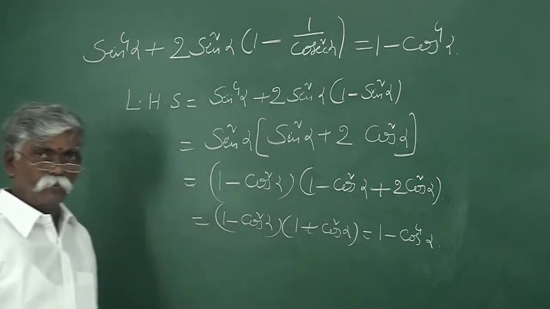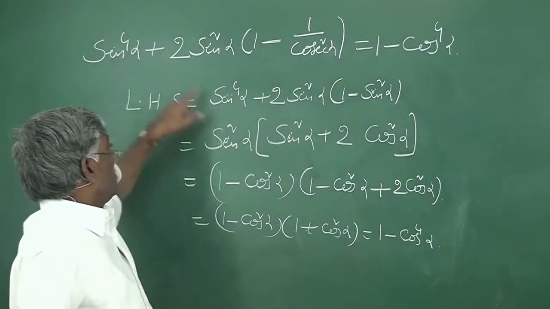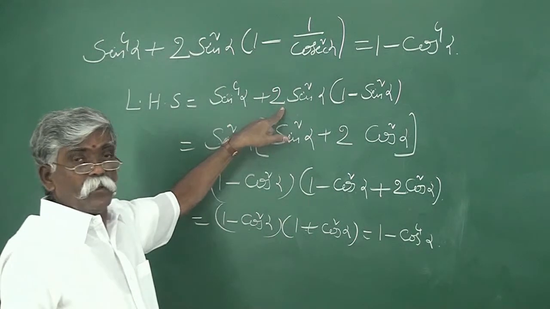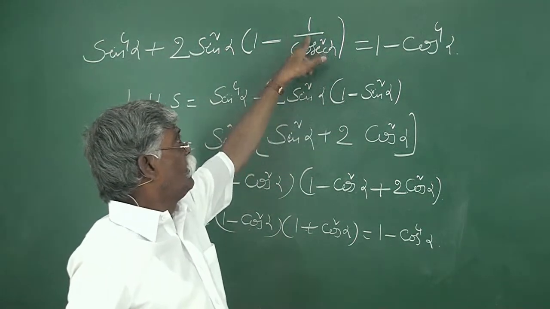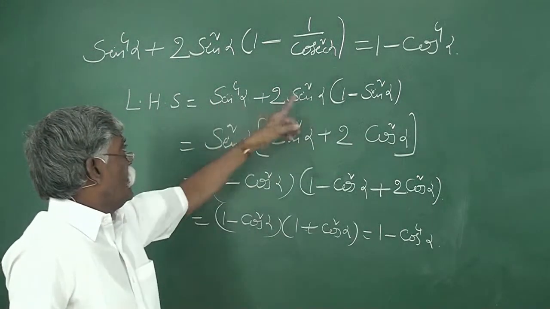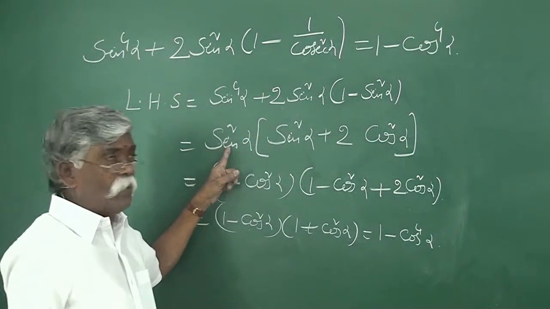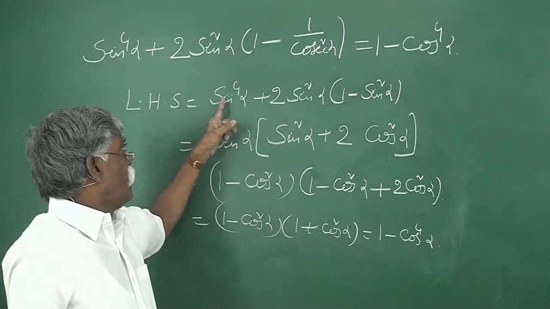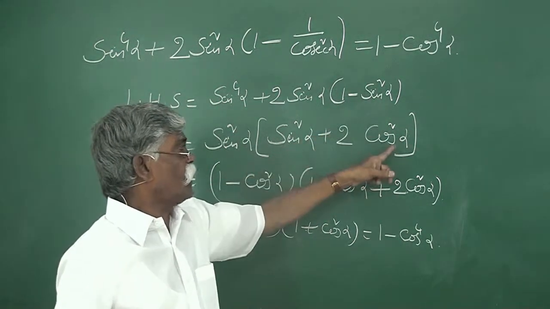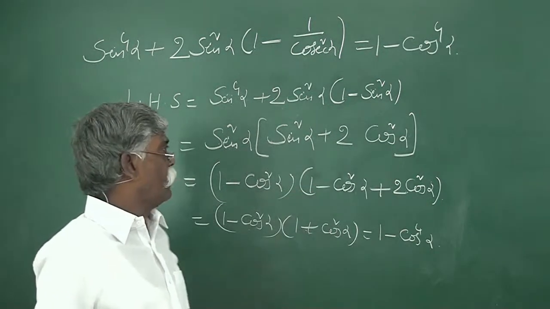So this is sine power 4 alpha plus 2 sine square alpha into 1 minus 1 by cosecant is sine square alpha. Now here in these two sine square alpha is common. Now this is sine square alpha is left here plus 2 into 1 minus sine square alpha is cos square alpha.